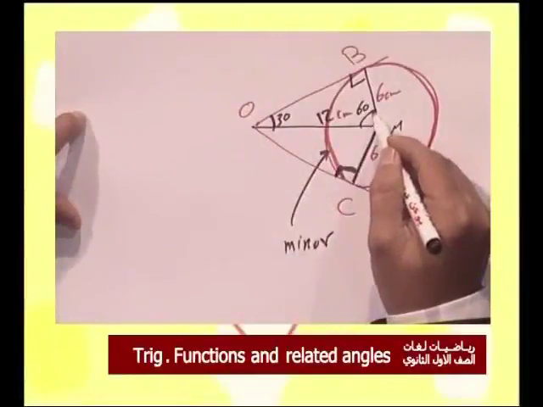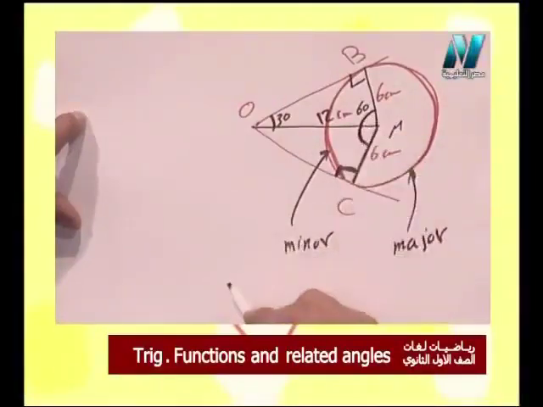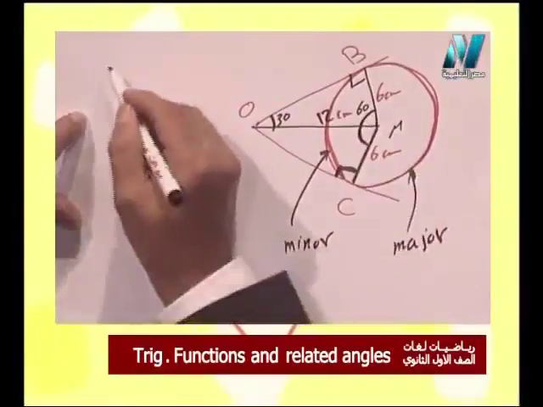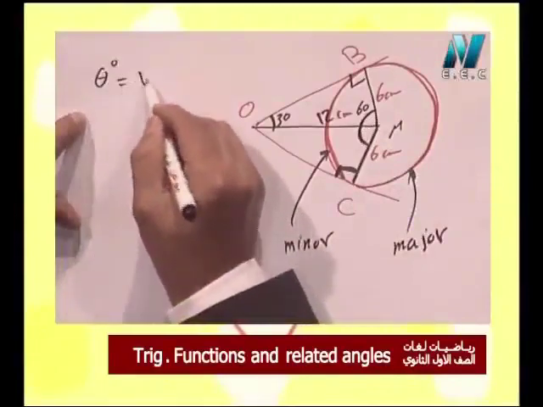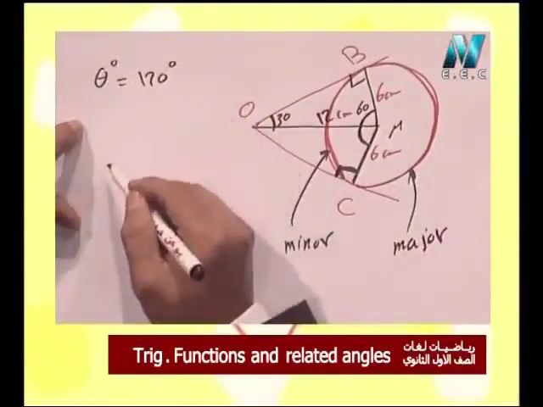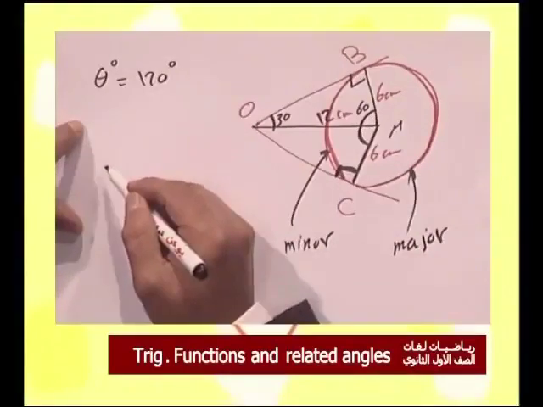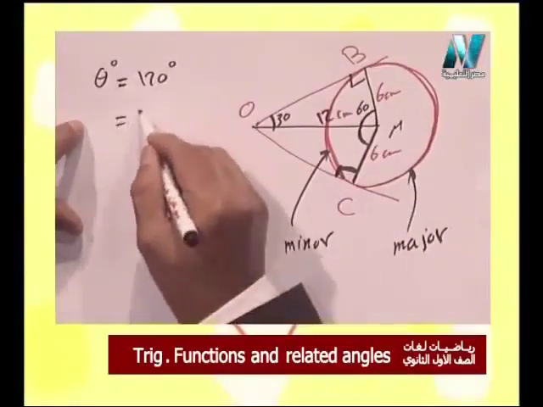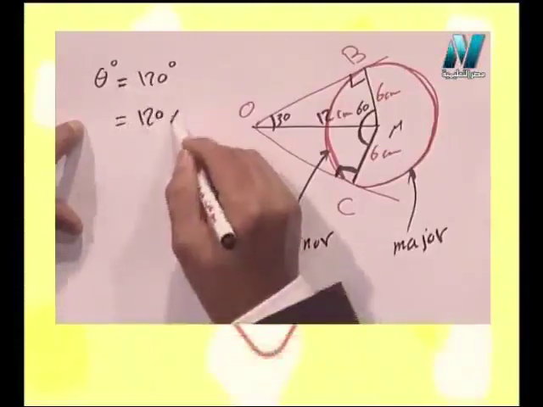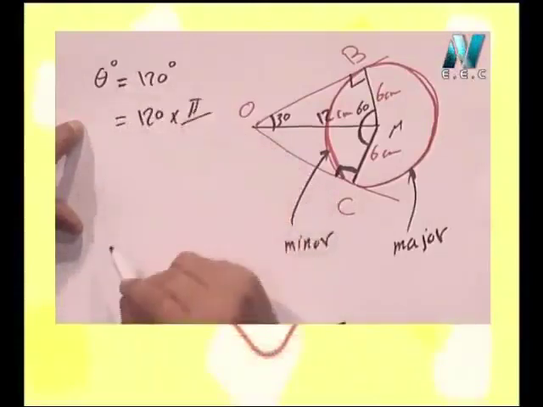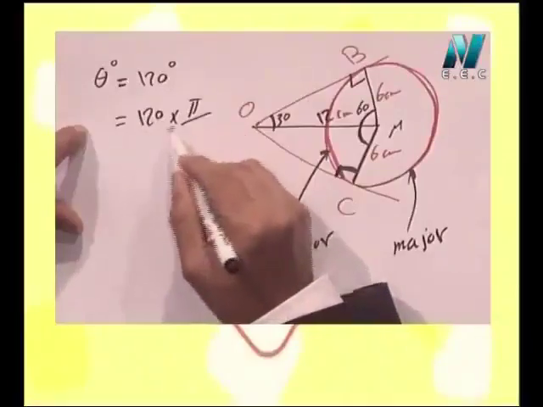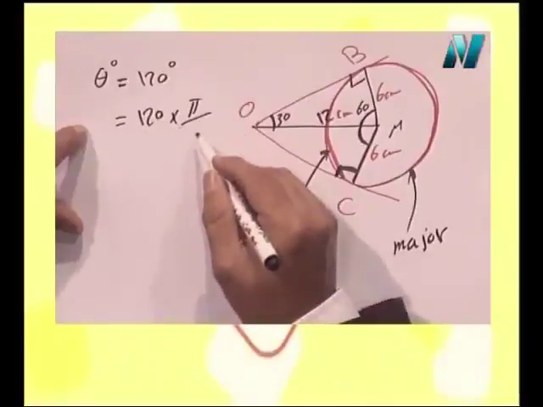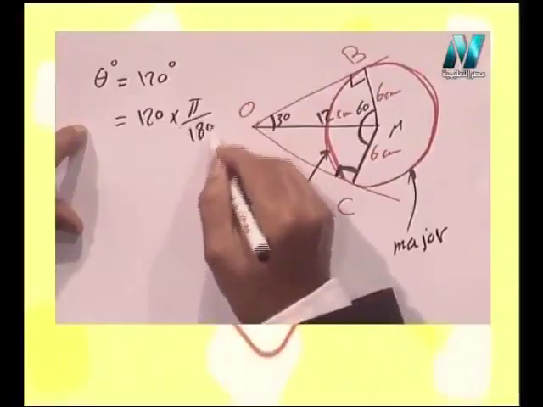So the whole angle here will be 120. So theta degrees equal 120 degrees. We must convert it to rad. So multiply 120 by pi over 180.